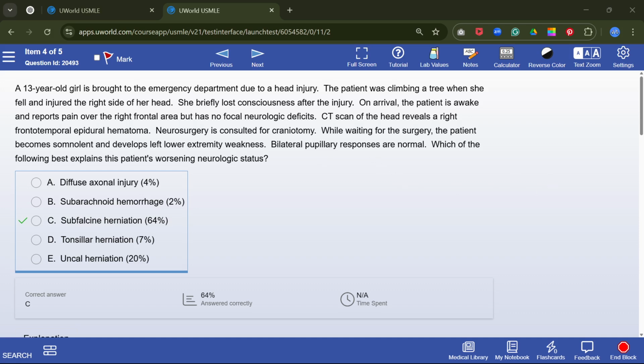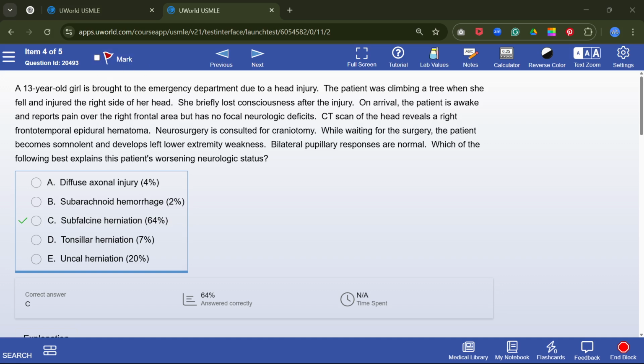While waiting for surgery, the patient becomes somnolent and develops left lower extremity weakness. Initially there were no focal neurological signs and consciousness was intact, but now the patient becomes somnolent and develops left lower extremity weakness.